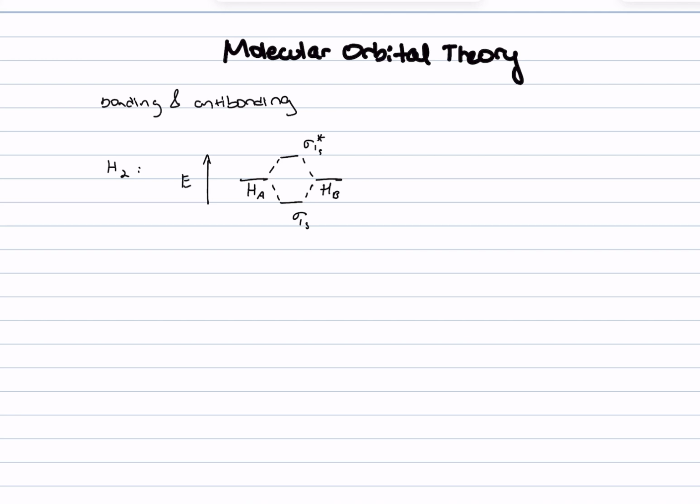We know that higher potential energy is less stable, and so both electrons will be in the sigma 1s bonding. And as always, they have opposite spin.